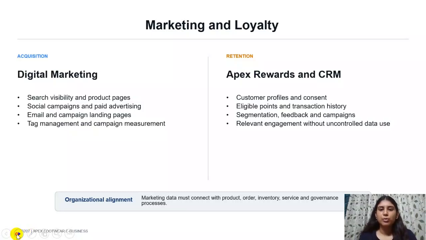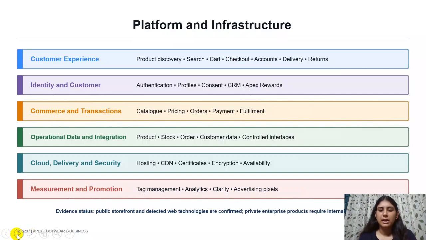Now we move into the technical side. Apex for You supports several customer and operational functions. At the customer experience level, we have product discovery, search, cart, checkout, accounts, delivery, and returns. There is also customer identity and loyalty, including authentication, profiles, and Apex Rewards. Commerce functions include catalog, pricing, orders, payment, and fulfillment.